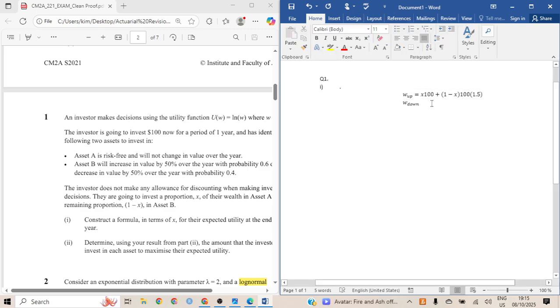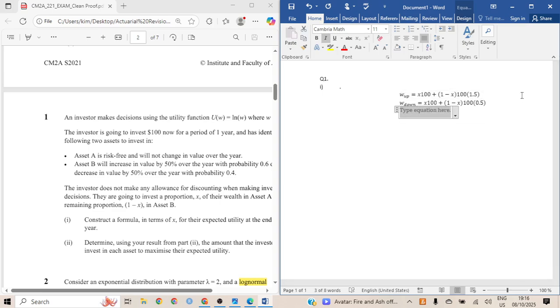We'll follow the same logic for if it goes down. X is being invested in asset A, then the remaining 1 minus X of 100 is being invested in asset B. But in this case, the investment will decrease by 0.5. So that is the wealth if it goes up or down.